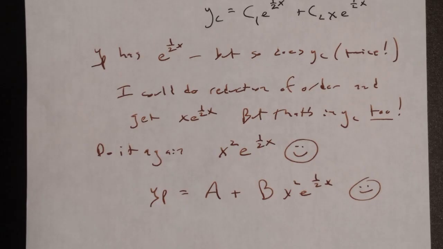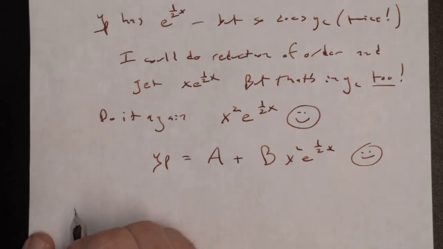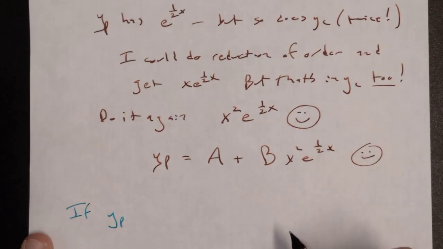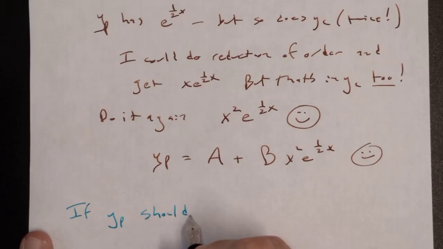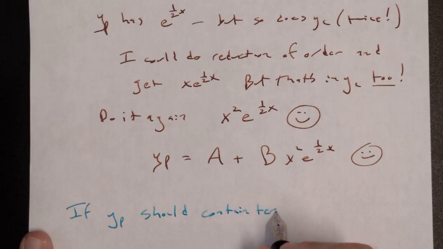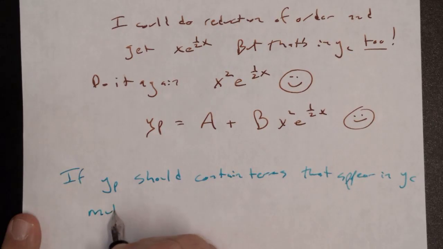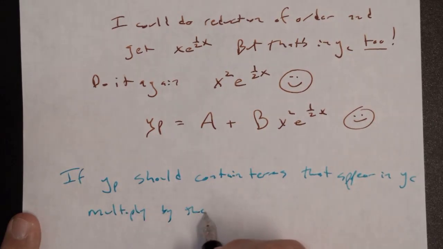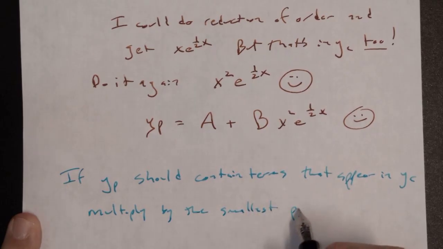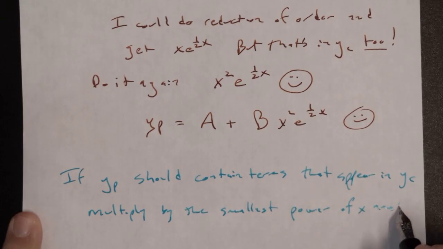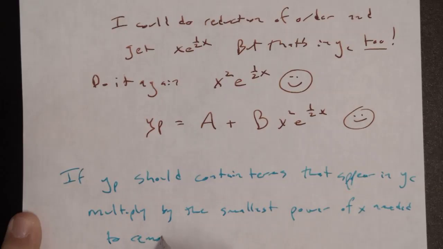And I can make the following general statement. If yp should contain terms that appear in yc, multiply by the smallest power of x needed to remove the duplications.